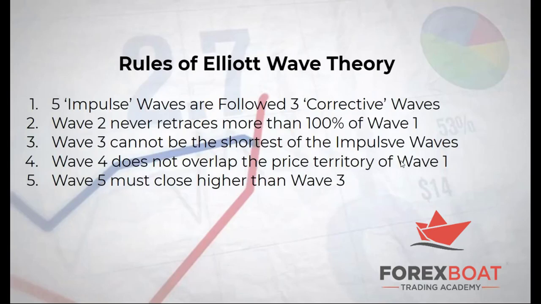Okay, now when we get to the charts on the Australian dollar, US dollar example, I'm going to revisit these rules so that you can see them in practice. Next, wave 4 does not overlap the price territory of wave 1. Lastly, wave 5 must close higher than wave 3.